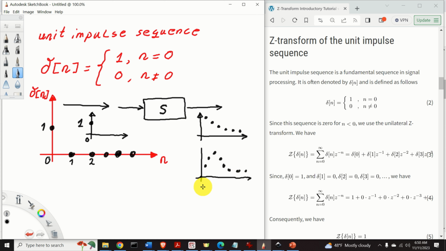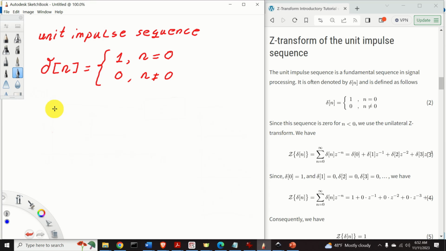Or you might even get unstable response. If we know the impulse response of the system, we can actually determine the transfer function or the model of our system. Now let's learn how to compute the z-transform of the unit impulse sequence.